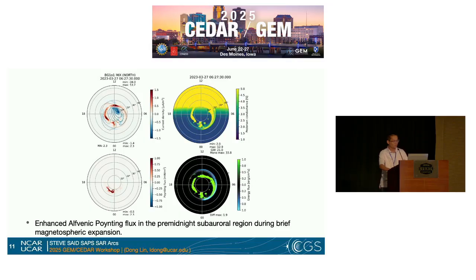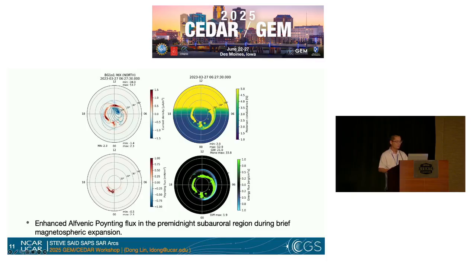So here's one snapshot. On this part I just want to highlight one thing, which is on the bottom left, the so-called Alfvénic Poynting flux, simply because I was looking at that parameter during that time. It's interesting to see that around this time we do see enhancement in Alfvénic Poynting flux near the auroral boundary.